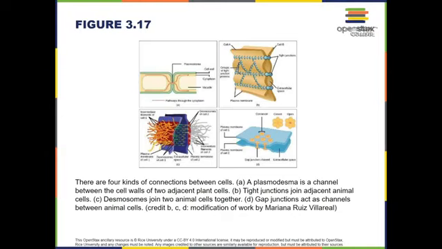Here are some of the types of cell junctions we'll be looking at. You see A is plasmodesmata, so that's a cell junction or kind of channel that connects adjacent plant cells. We'll also be looking at D, which is a gap junction. Gap junctions are integral proteins between adjacent animal cells, so they're essentially the animal cell equivalent to a plasmodesmata. They're both communicating junctions.